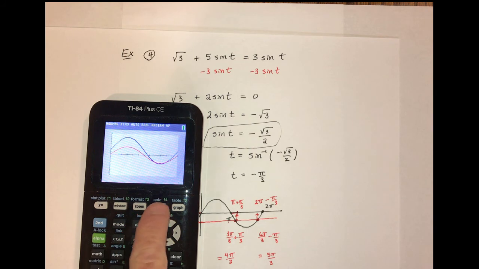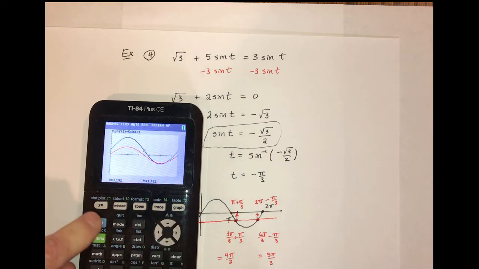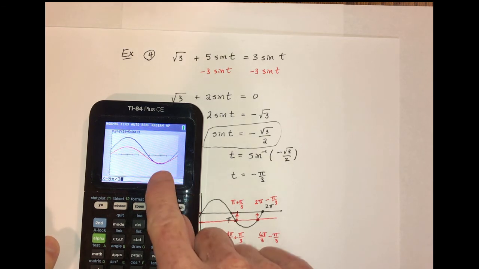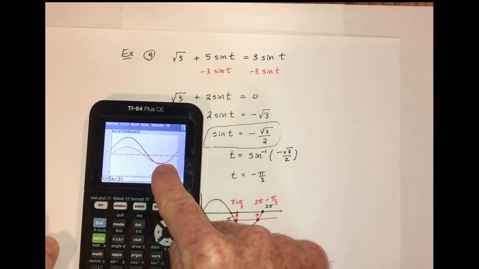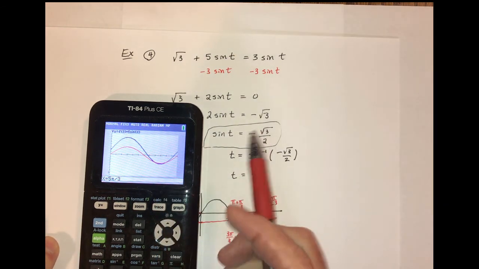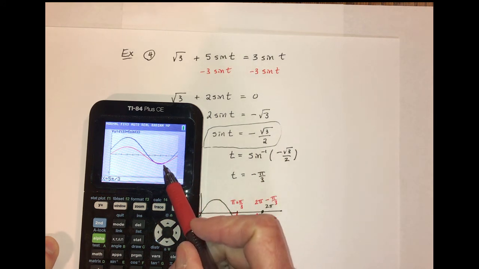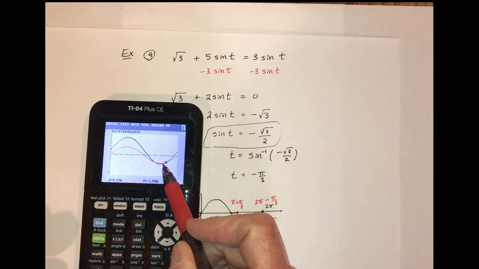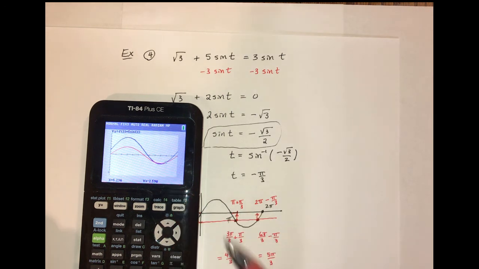So then I'll just go trace and plug in 5 pi divided by 3, and that should be that point right there where they intersect. So let me try to get it. It should be right there. Oh, so close. From my angle it was perfect, but from the screen. Anyway, so that is the intersection point. So got that one right. Okay, just one more.